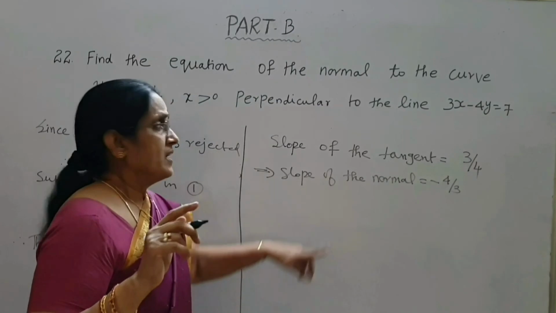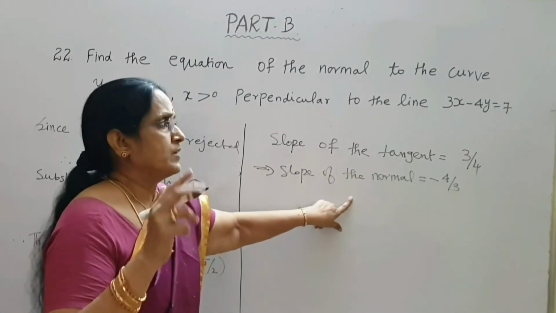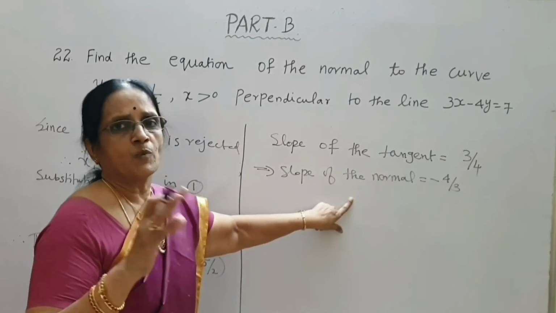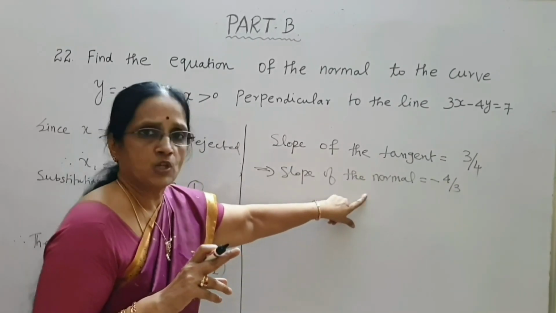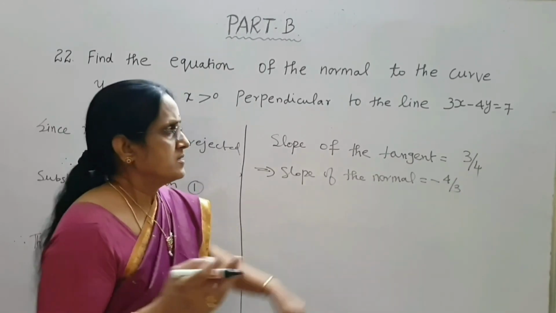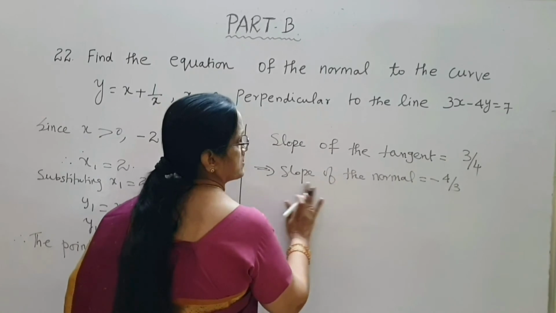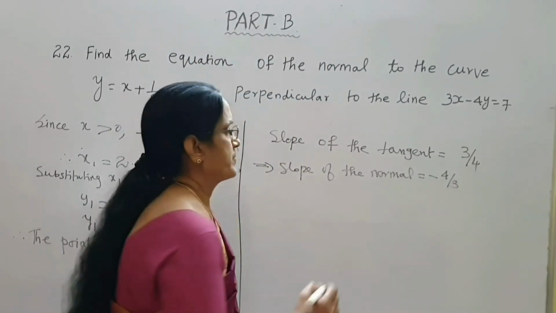You know, when the tangent and normal are perpendicular to each other, if m1 is the slope of the tangent line and m2 is the slope of the normal, then m1 into m2 equal to minus 1. So using that formula, I am getting slope of the normal equal to minus 4 by 3.